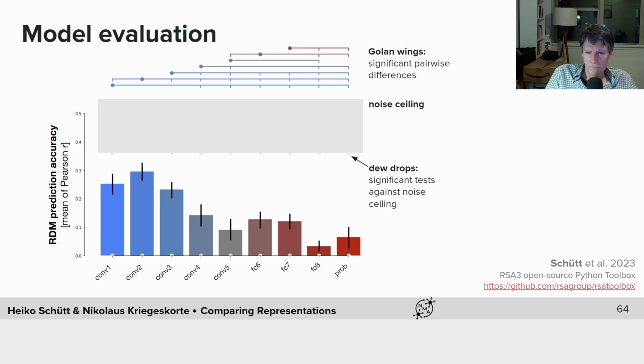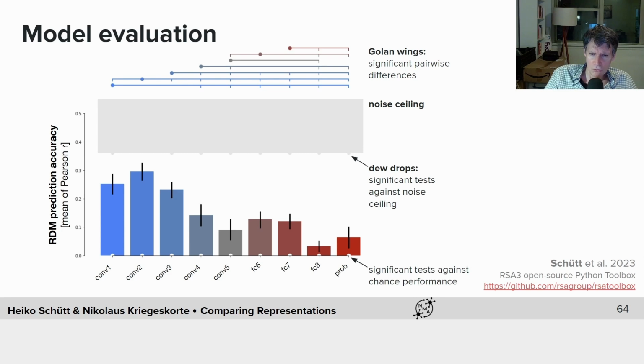Below the lower bound of the noise ceiling, we have these dewdrops here, which indicate significant tests against the lower bound of the noise ceiling. And you can see that these dewdrops are present for all of the models. So all these models fall short of explaining the data, except conv2 here has evaporated this dewdrop because it comes quite close to the lower bound of the noise ceiling.